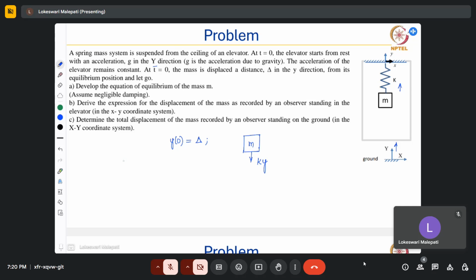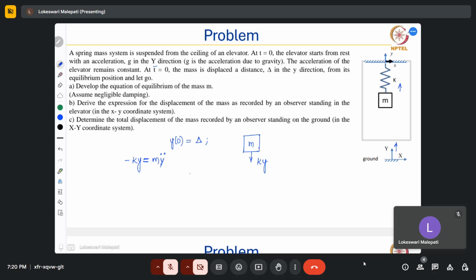So this unbalanced force must be equal to the mass times the acceleration of this body. And this acceleration must be with respect to some inertial frame of reference, which is not moving. So we must take this reference which is not moving. So that would be the total acceleration.